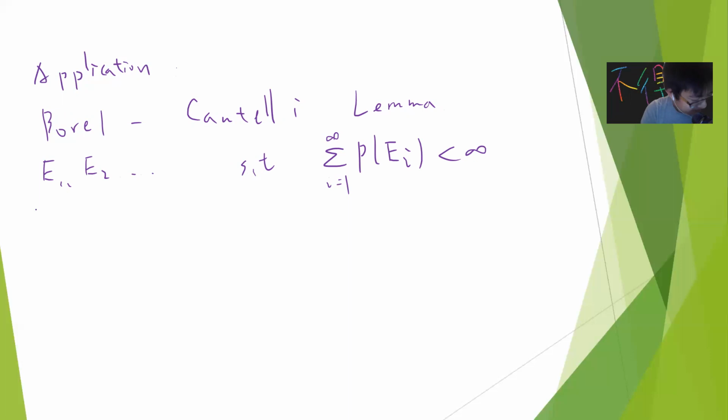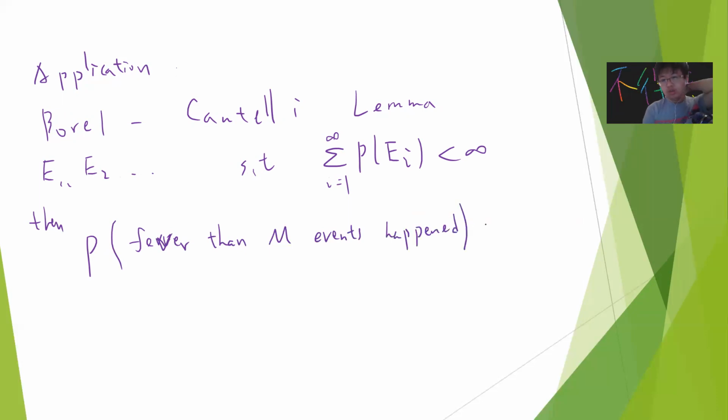Suppose you have this, then you can ask what is the probability that fewer than m events happen.